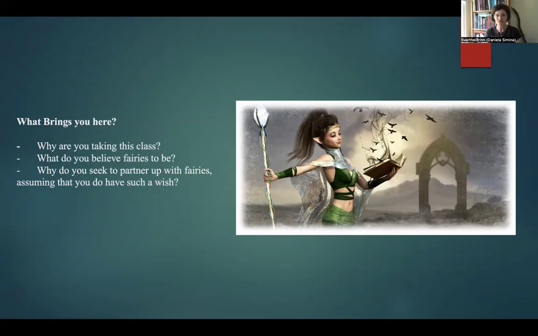In her left hand, she's holding a book, and the book is open, and there are vapors rising, lifting off the pages, and also birds that seem to take off from the pages of the book. There is a portal further in the distance, and a mountain view also further in the distance.